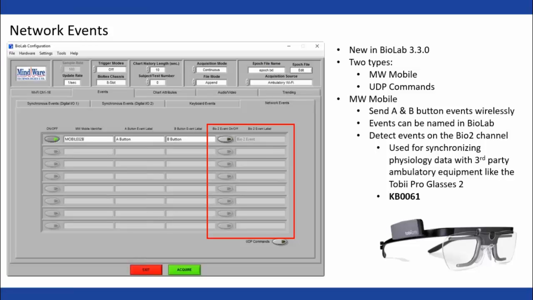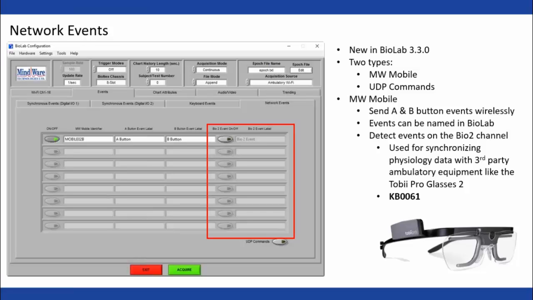Additionally, we can detect events on the Bio2 channel on the MindWare Mobile in the latest firmware release. And we also have the ability to stream those to BioLab. Now, event detection on the Bio2 channel is mainly used for synchronizing with third-party ambulatory equipment, such as the Tobii Pro Glasses 2. And we have a knowledge base article that walks through how to hook them up and get that working.